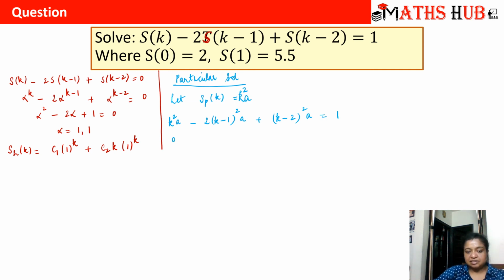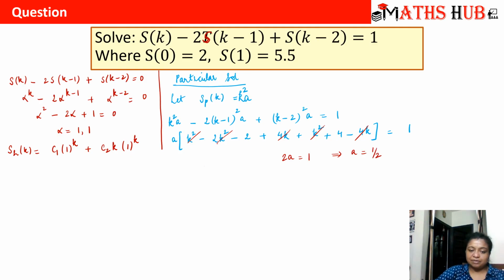So let us take the coefficients of A. We have k square minus 2 times k square minus 2 plus 4k, then we have from here k square plus 4 minus 4k equal to 1. So you can clearly see that k square will get cancelled, 4k gets cancelled. So we have 4 minus 2, 2A is equal to 1. So this implies A is equal to 1 by 2.